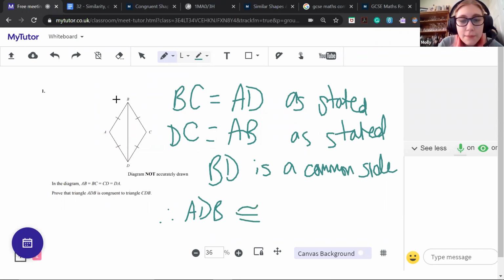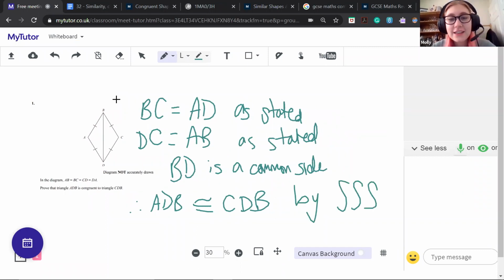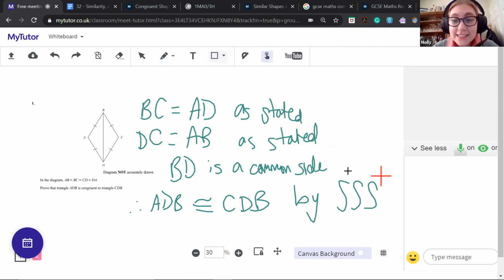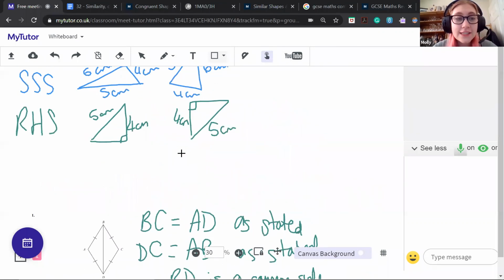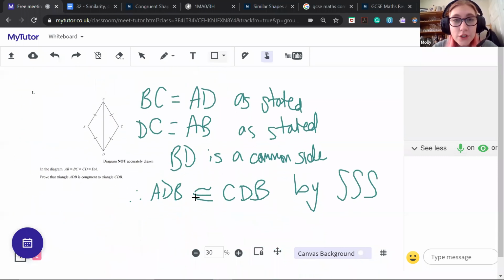If we write this, that means it's congruent to, apparently. So ADB is congruent to CDB by side, side, side. And again, if you just write this by SSS, your examiners will know what you mean, because these are universally accepted proofs of congruence. So hopefully that makes sense.